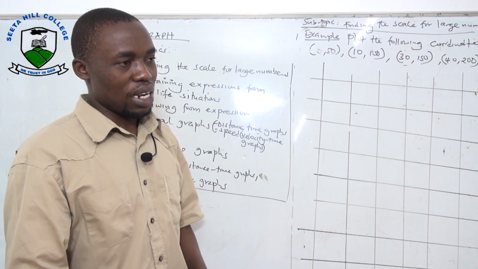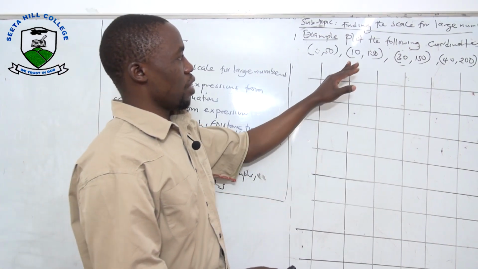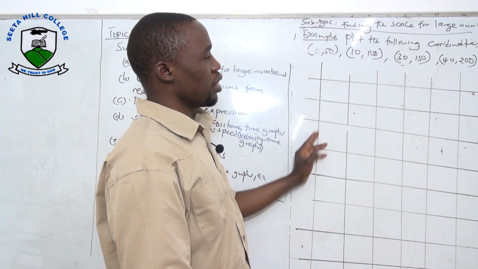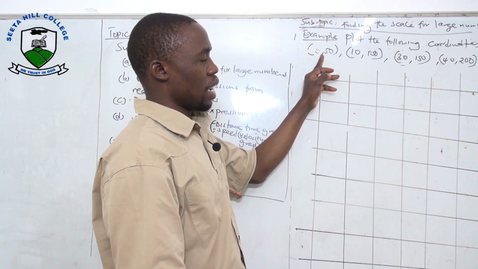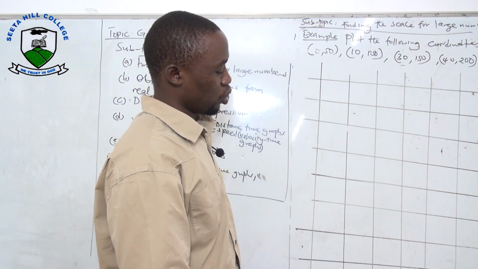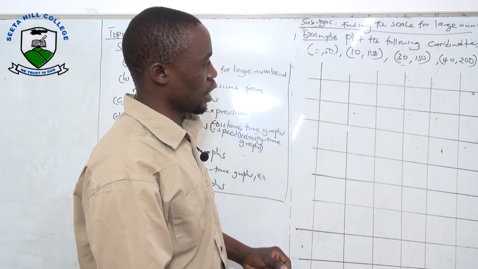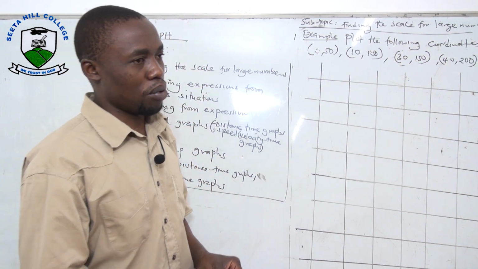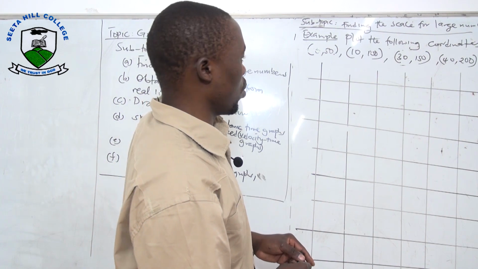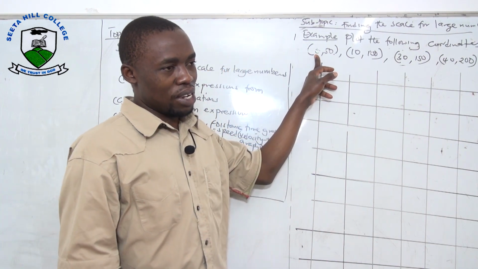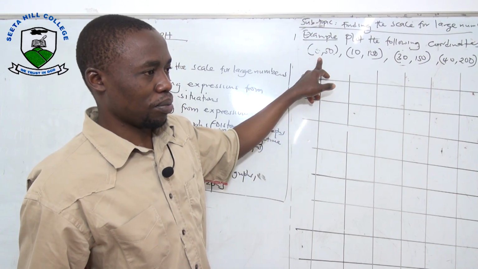Clear? Now, during plotting, we identify vertically which value is the smallest and which value is the highest. And also horizontally, we check the highest and the smallest. Now look at how we get a proper scale for our plotting. The scale can be got mentally or by calculation.